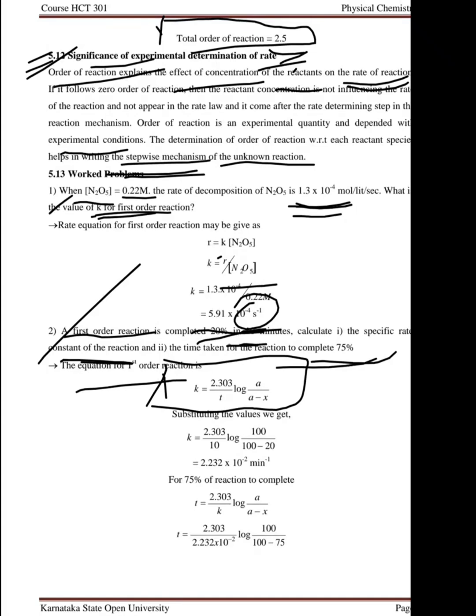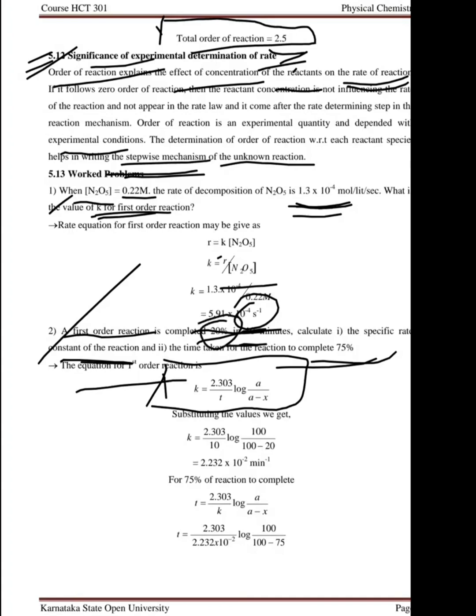How many minutes is the reaction taking place? 10 minutes. So 10 into log of 100. The initial concentration of the reactant is 100, where x is the product formed. So 20% of the product has been formed already.